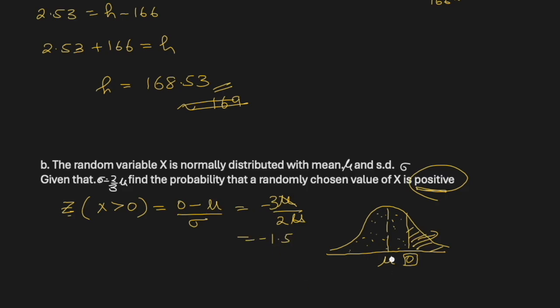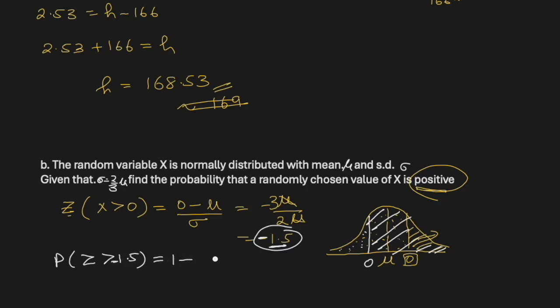Which means that my assumption that it is here is wrong, because the z score comes out to be a negative number. It is less than the mean. That means 0 actually is here, and we have to find this probability. With this z score, I will get this smaller probability. So the probability that z is greater than negative 1.5 will be 1 minus the probability that z is less than negative 1.5.